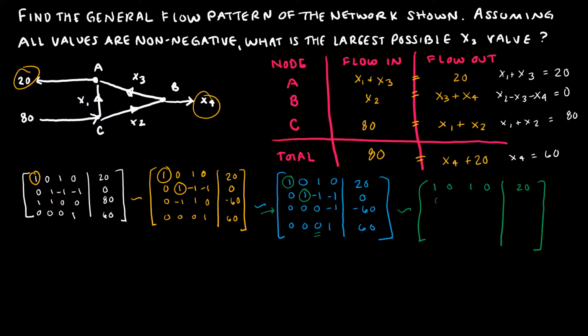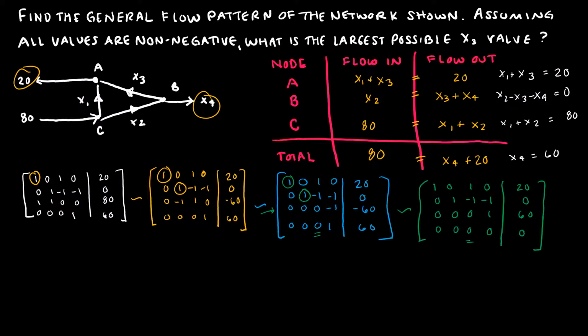And row 4, I'm going to add rows 3 and 4 together to get 0, 0, 0, 0, 0. So obviously we can see that x3 is a free variable.